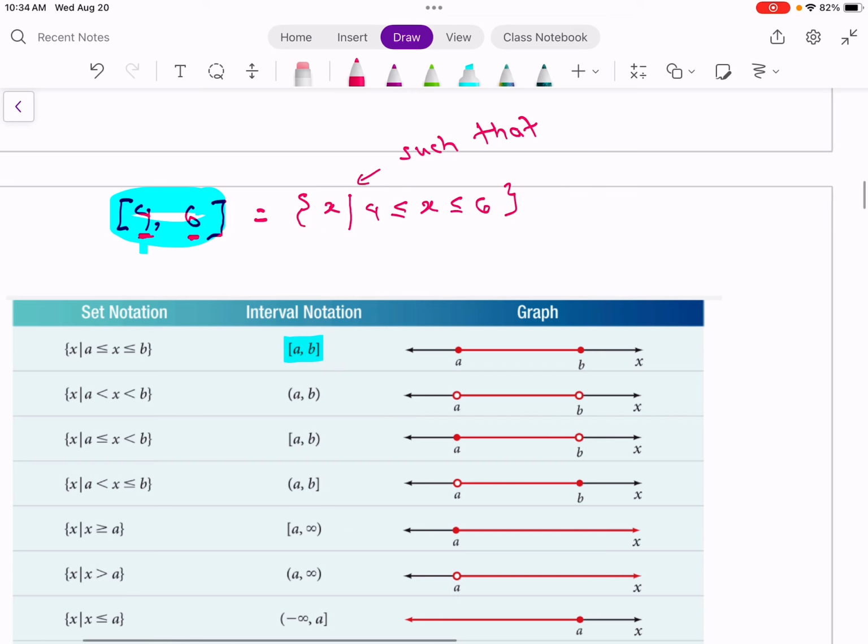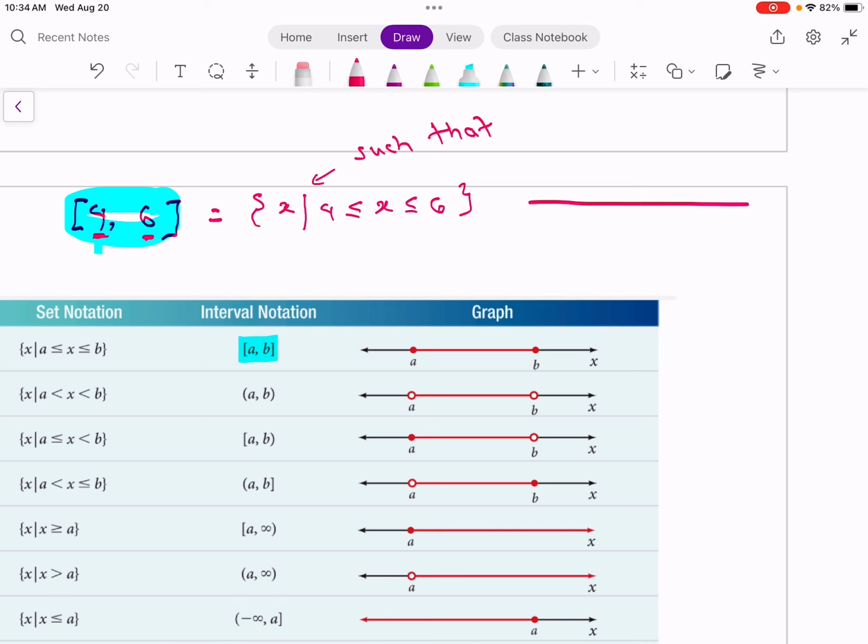Now in a number line, how do we represent this set? We have a number line with 0, and our 4 and 6 are both on the right side of 0. Since we have a bracket on both sides, we use a closed circle at 4 and a closed circle at 6.